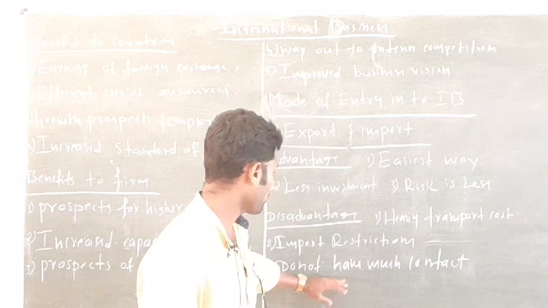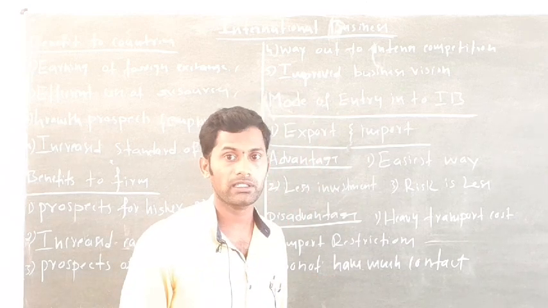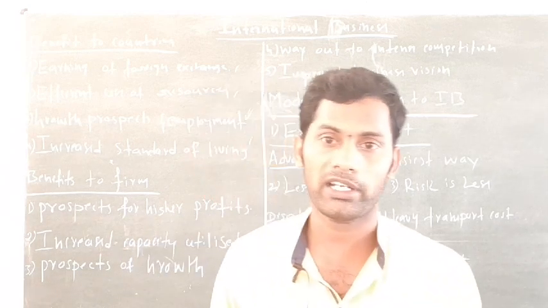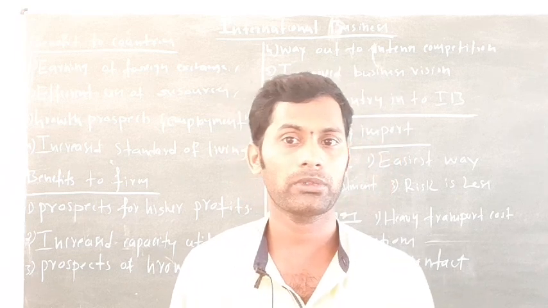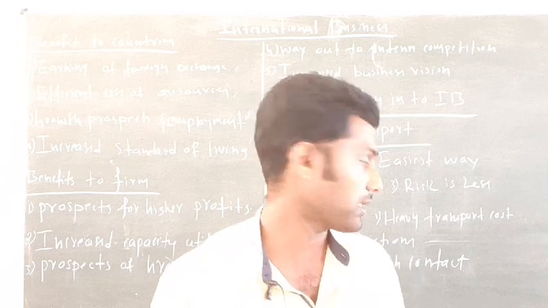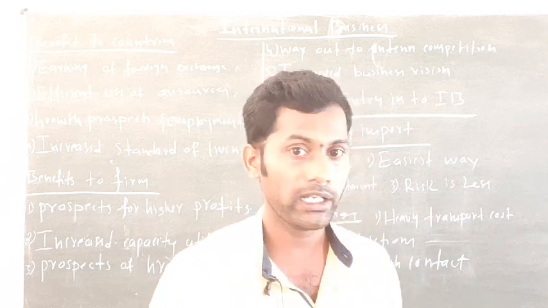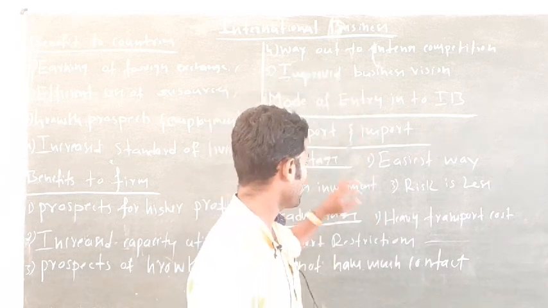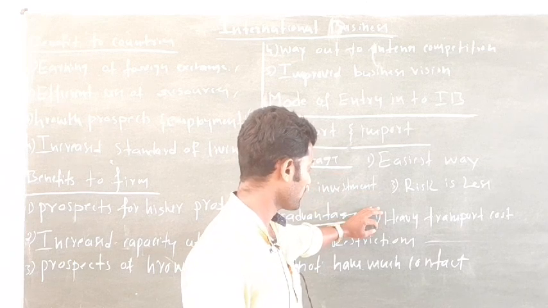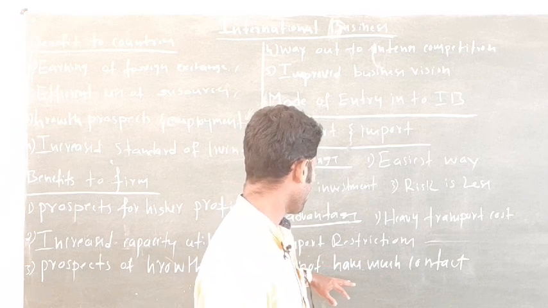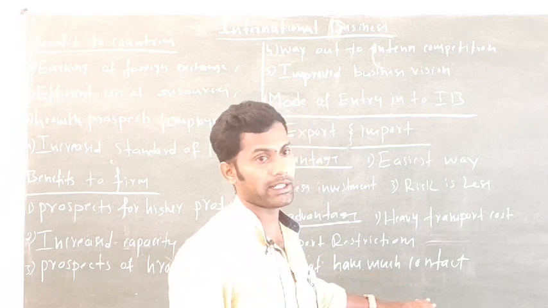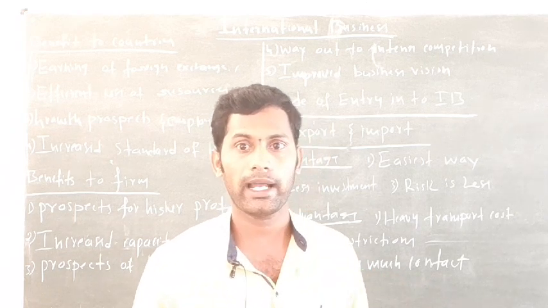Then we don't have much contact, that means there is no face to face contact between exporter and importer. It is difficult to come to an understanding out of the agreement in export and import. These are all the three major disadvantages: heavy transport cost, import restrictions, then we don't have much contact between exporter and importer.